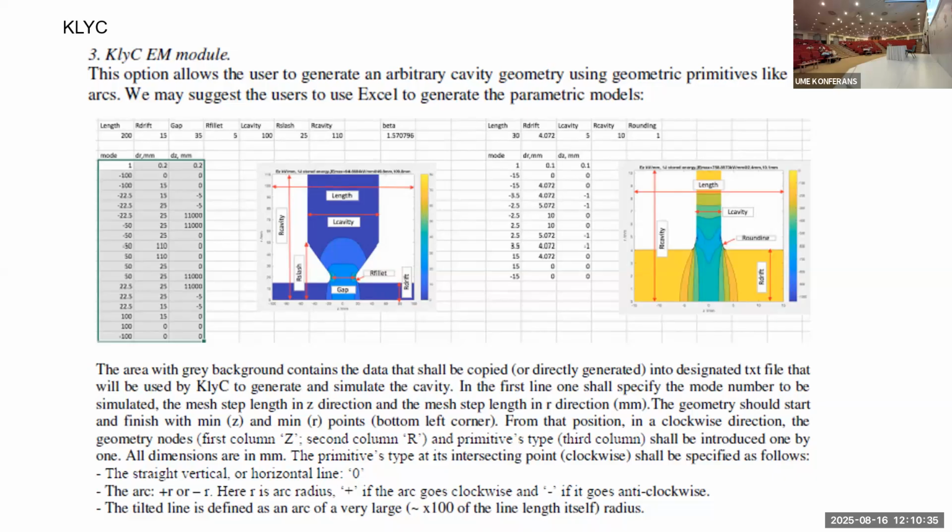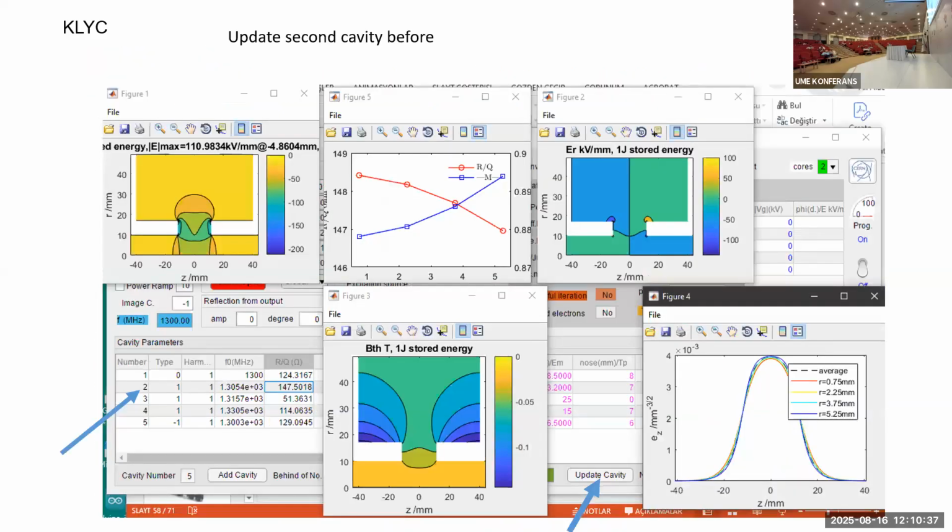And this is the most important one. Yeah, this is a picture. If you put these lines into place for all the cavities, and click update cavity for each line, you get 5 graphs before the simulation.